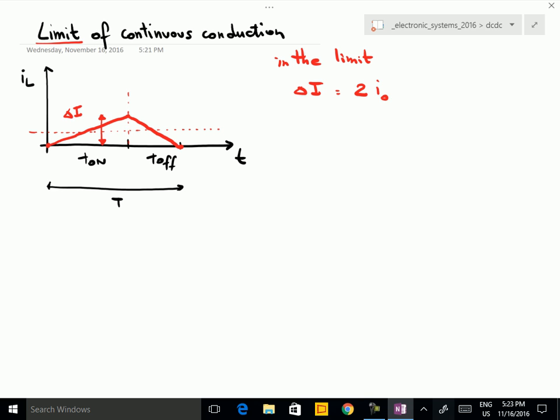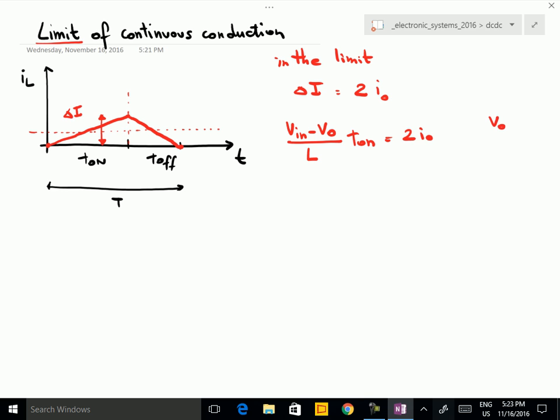We have delta I equal to V in minus VO over L times T on, and this is equal to 2IO. But we know that VO depends on V in.